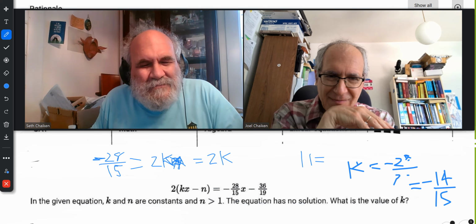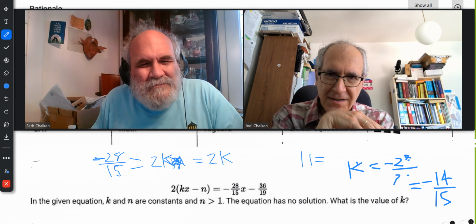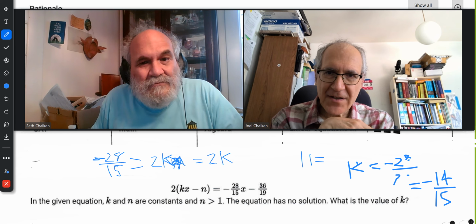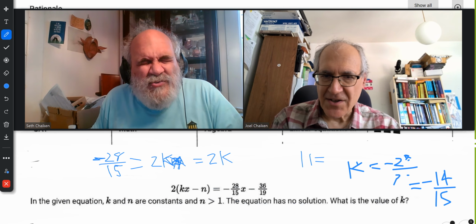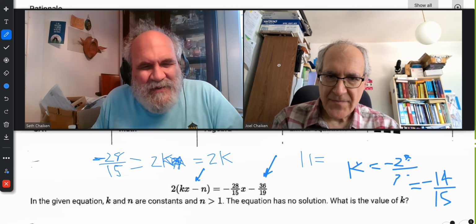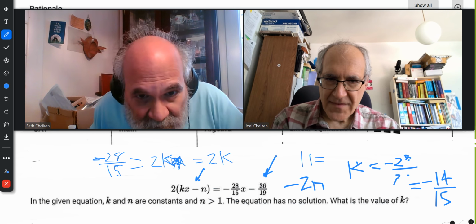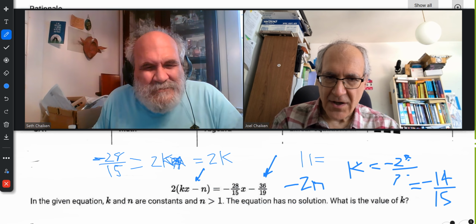But I'm suspicious. In order to have no solution, the constants have to be different, don't they? The constant on this side is negative 36/19. Let's see what the constant is here. It's minus 2n. But n is greater than 1.